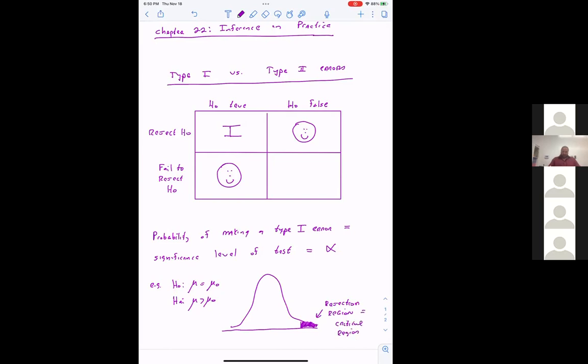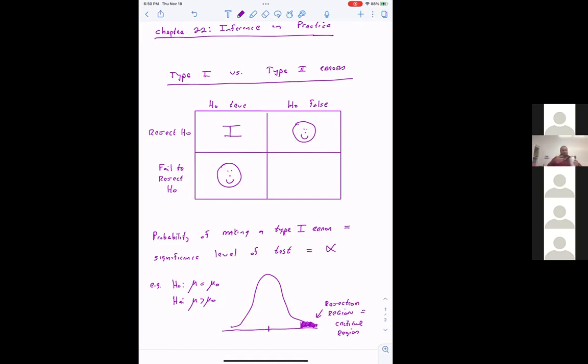Now, if the null hypothesis is true, and remember, we are assuming it's true if we're going to be making a type 1 error, then what is the value at the center of this distribution? Zero?